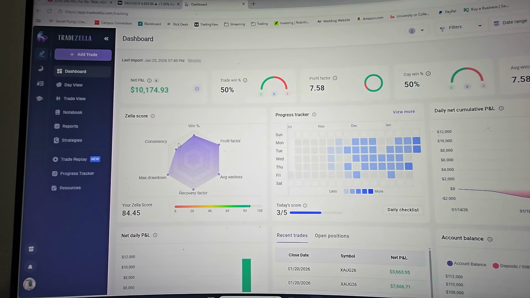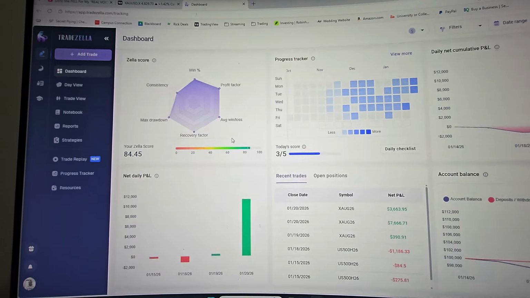And our consistency is on a 7, that is 70. So yeah, my current Zilla score is 84.45. So that's good.